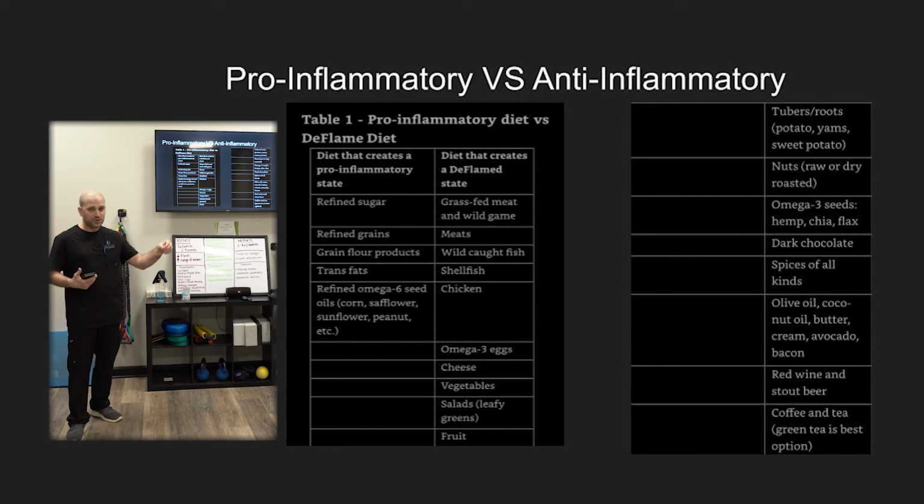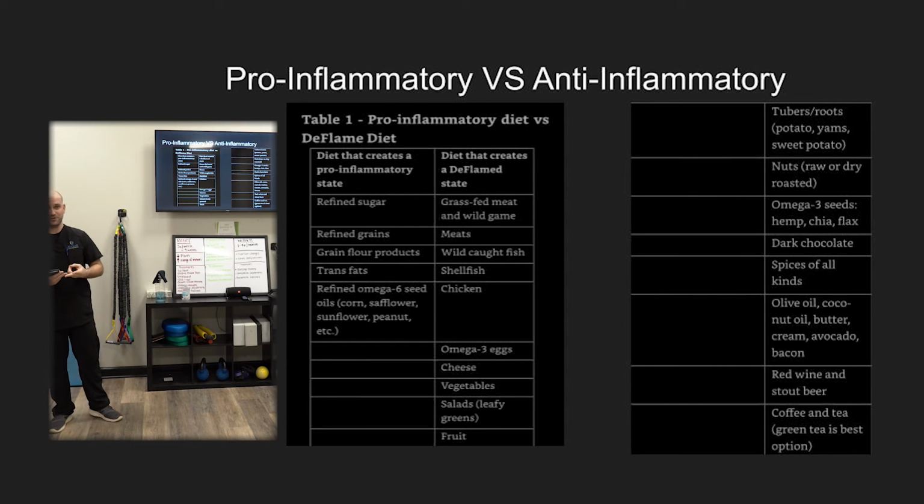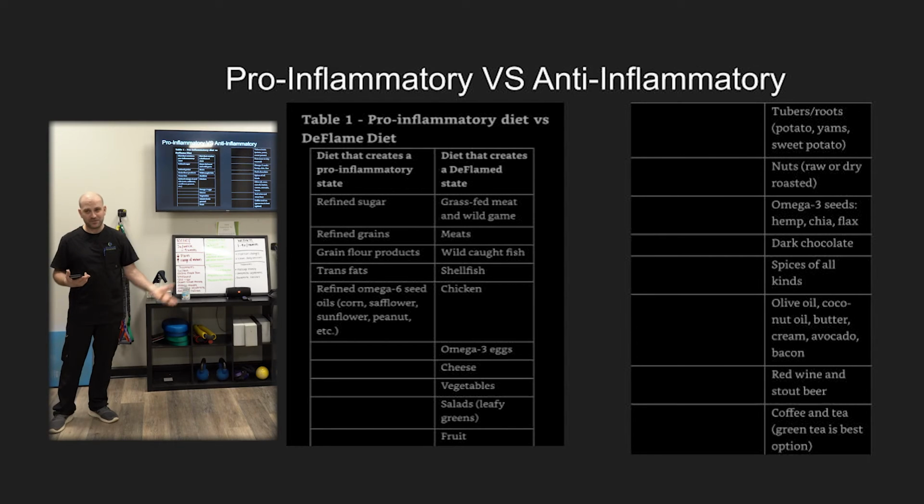Now, it's probably important to look at whether it is a grass-fed dairy product versus a grain-fed, traditional one. What is the animal that gave you that milk eating? That's something you want to think about if you are using dairy products.